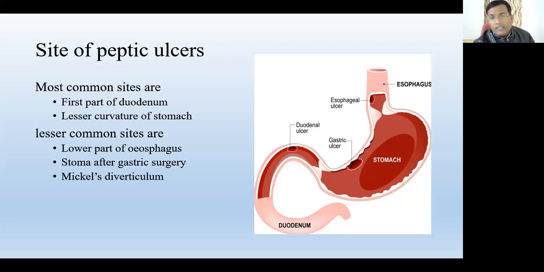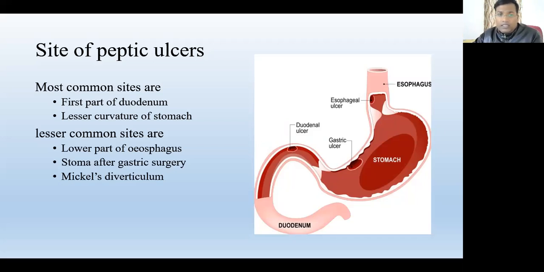Now we discuss the site of the peptic ulcers. Already we know that peptic ulcers include the ulcers present in the stomach as well as in the duodenum. In the stomach, the most common site for the development of ulcers is the lesser curvature.